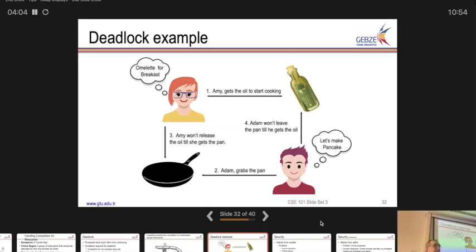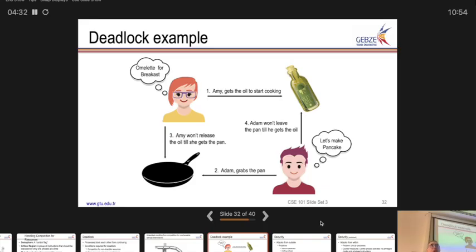One solution is to ask each guy or girl at the beginning, what do you need as an operating system? So Amy says, I will need olive oil and pan. And the operating system should check whether olive oil and pan are free.